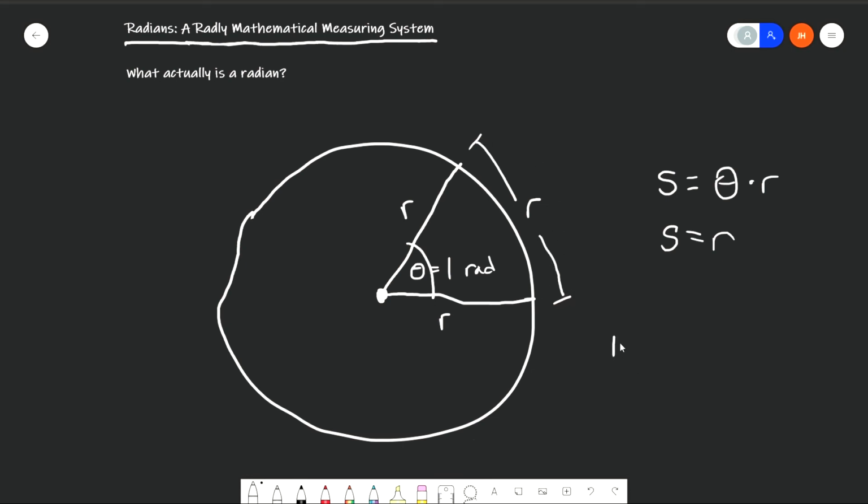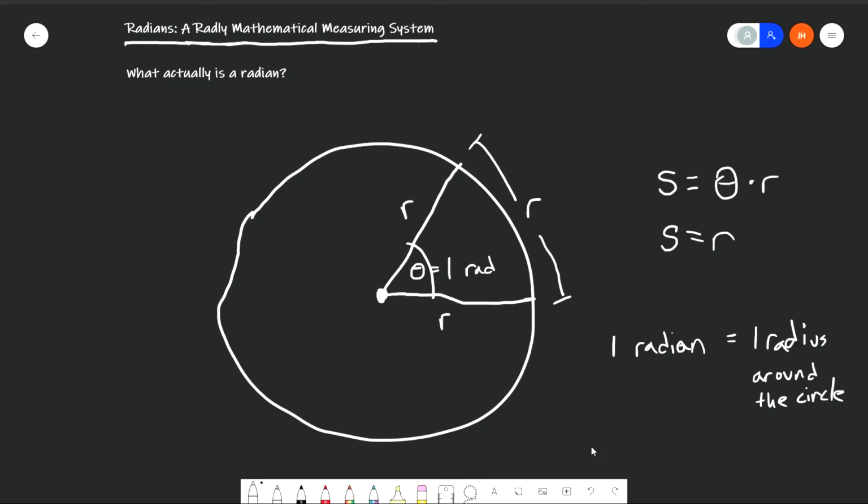So 1 radian is equal to 1 radius around the circle. That's where the name comes from, by the way. Now, if 1 radian is 1 radius around the circle, how many radians is the full circle, right?